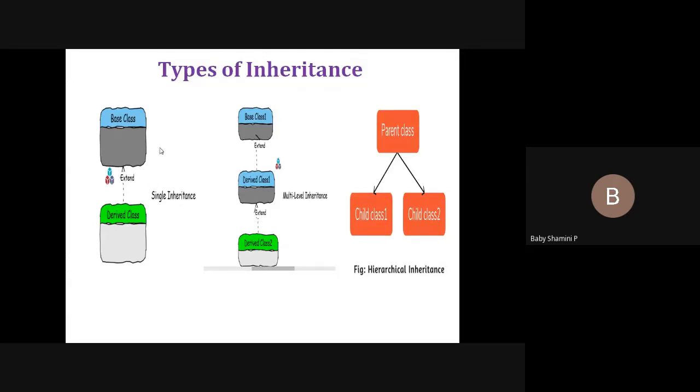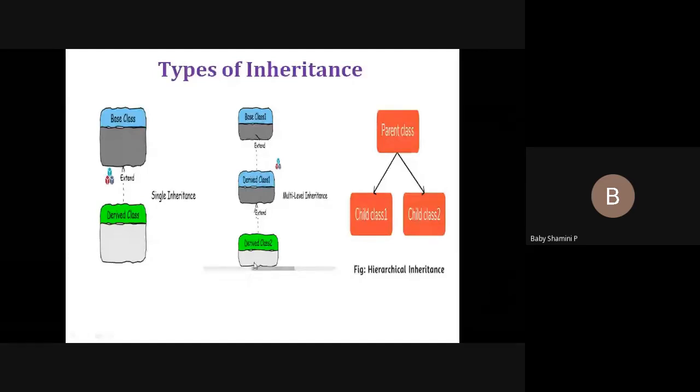And second, we have multi-level inheritance: base class, derived class, and another derived class. We can have more than one derived class. See this example: first we have a base class, then a derived class. This derived class contains its own properties and also its properties from the parent. That is derived class 1. And here we have derived class 2.